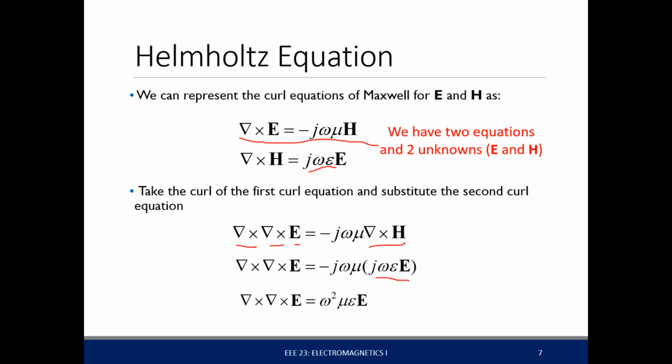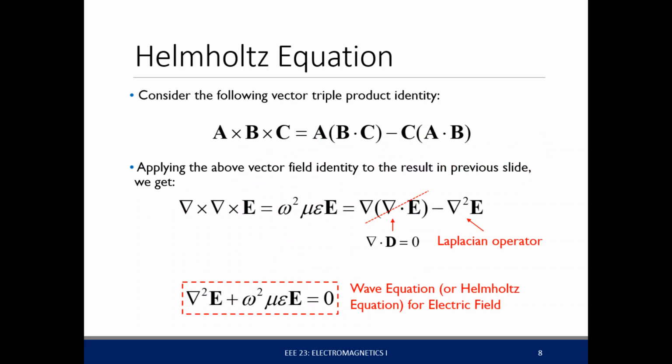Simplify that. J times j is negative 1. Therefore, this negative becomes positive. The curl of the curl of our electric field intensity is equal to omega squared mu epsilon E. From here, we'll use an identity, the triple product identity. Don't ask me to prove it for you; I'll leave that to you.